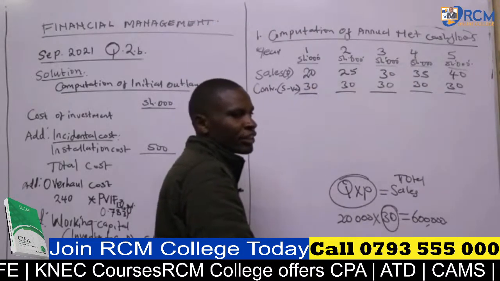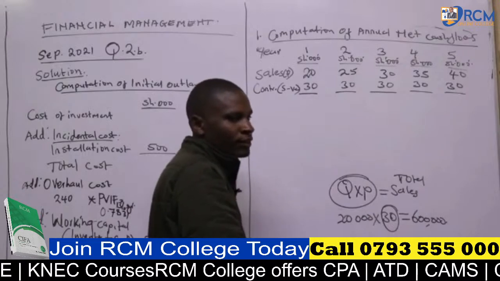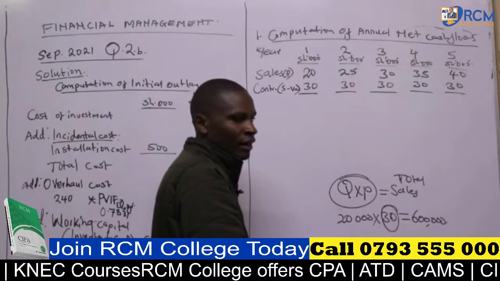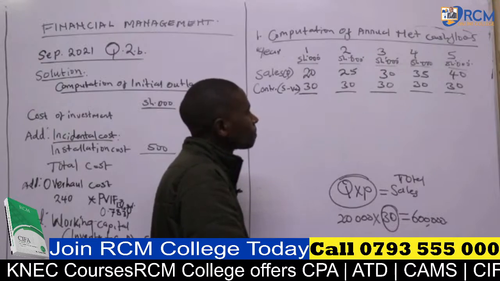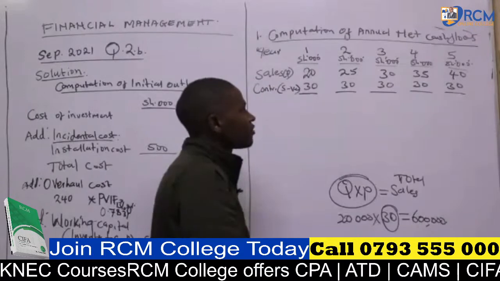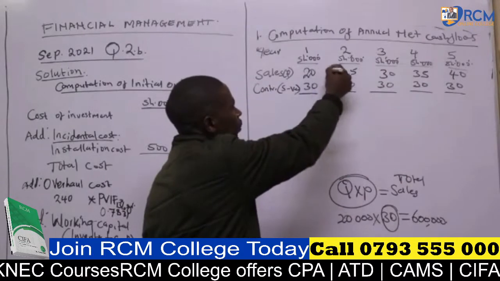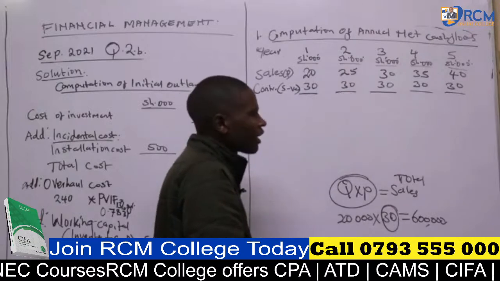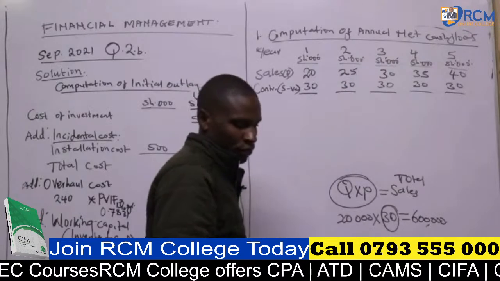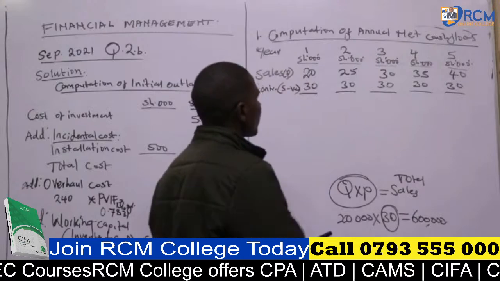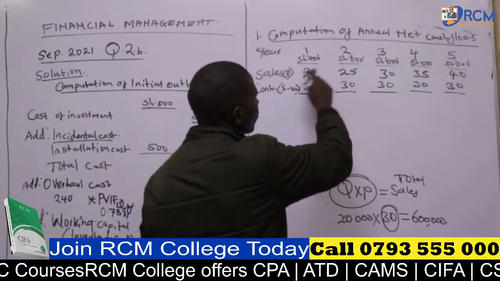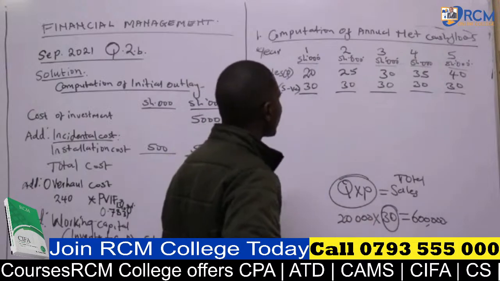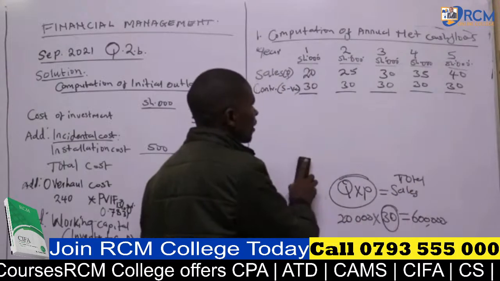It's fixed. Are we together, Kiptum? Thank you for raising that. Of course, you can eliminate the thousands and put this one as 20,000, and then remain with the 30. Just for me, it's reducing the zeros for the sales, the fixed cost, and such. But I know that the 30 is not multiplied by 30.